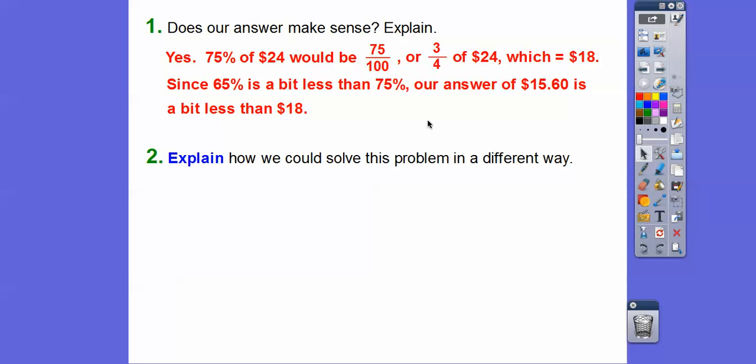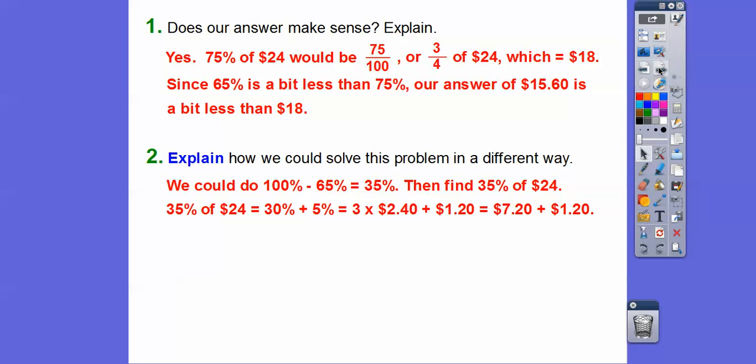Okay, so explain how we can solve this problem in a different way. Okay, well, what we could have done is we could have done 100% minus the 65%, and that would equal 35%. And then we can find 35% of $24, okay?